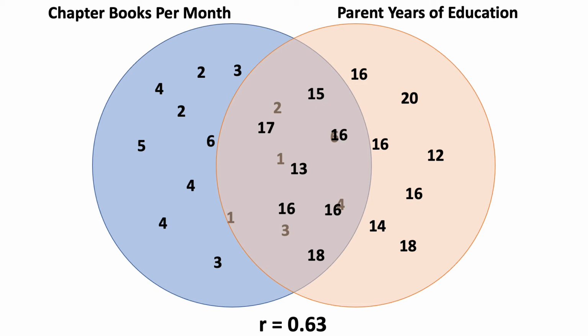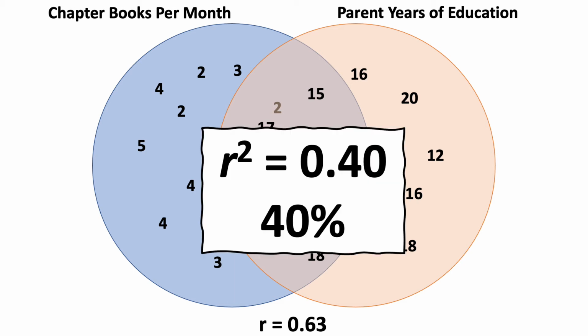And that's where the coefficient of determination comes in. We take the r and we square it. We take the correlation and we square it. And that's called the coefficient of determination. And in this case, if we square 0.63, we end up with 0.40 or 40%.